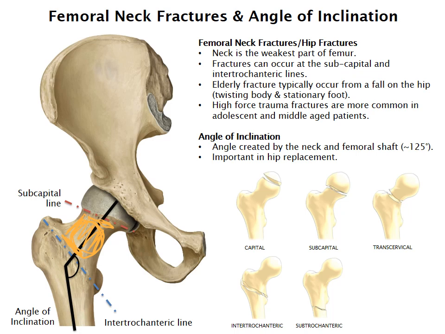The angle of inclination describes the oblique orientation of the femoral head in relation to the acetabulum. So here we see how the angle of inclination is measured. So we take the line down the shaft of the femur and another line down the axis of the neck, and we come up with this angle of inclination. The typical angle of inclination is around 125 degrees.